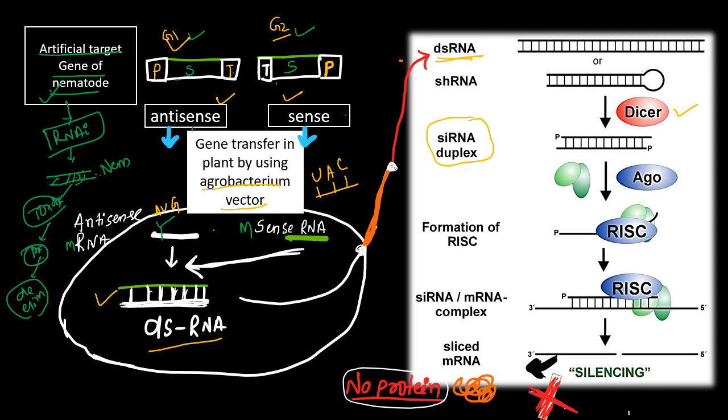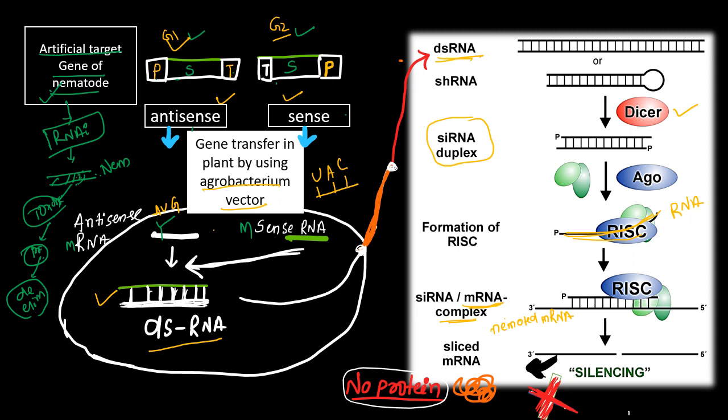After this enzyme cuts, it shows a single strand. This single-stranded RNA forms a complex with the nematode mRNA, which is produced after transcription in the nematode.